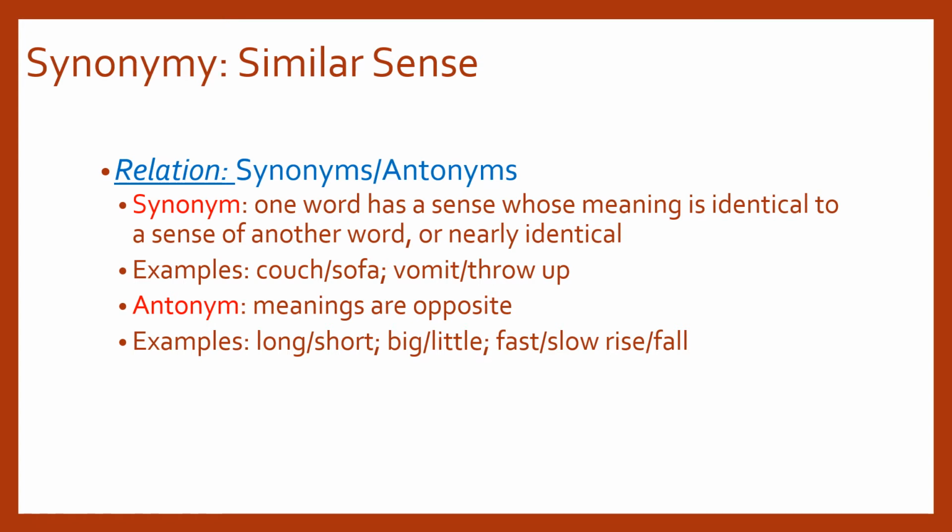Once you substitute one word with its synonym, the meaning, or what we call the truth condition of the sentence, remains unchanged. And then the reverse is antonyms, where the meanings are opposite.